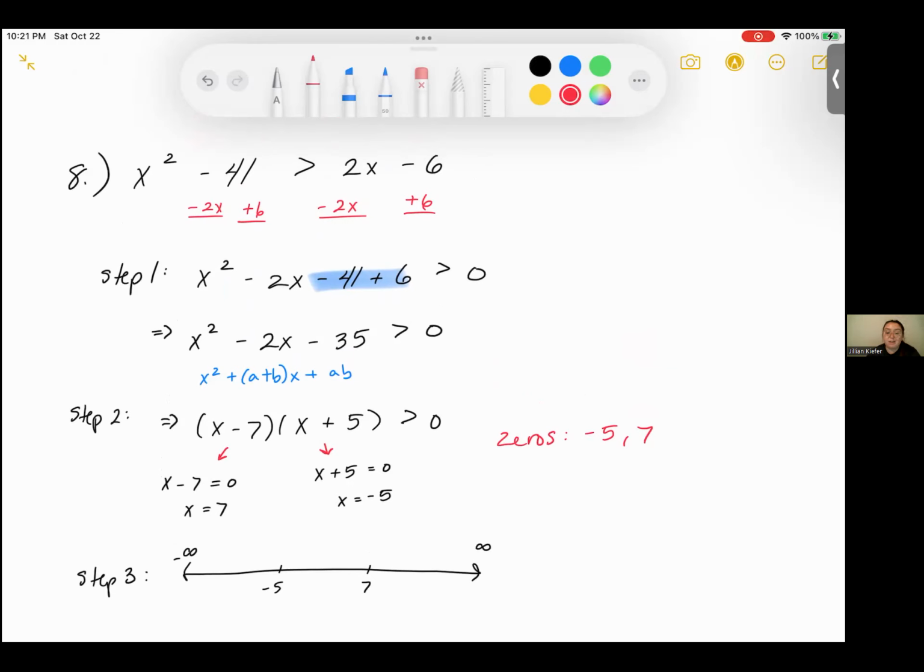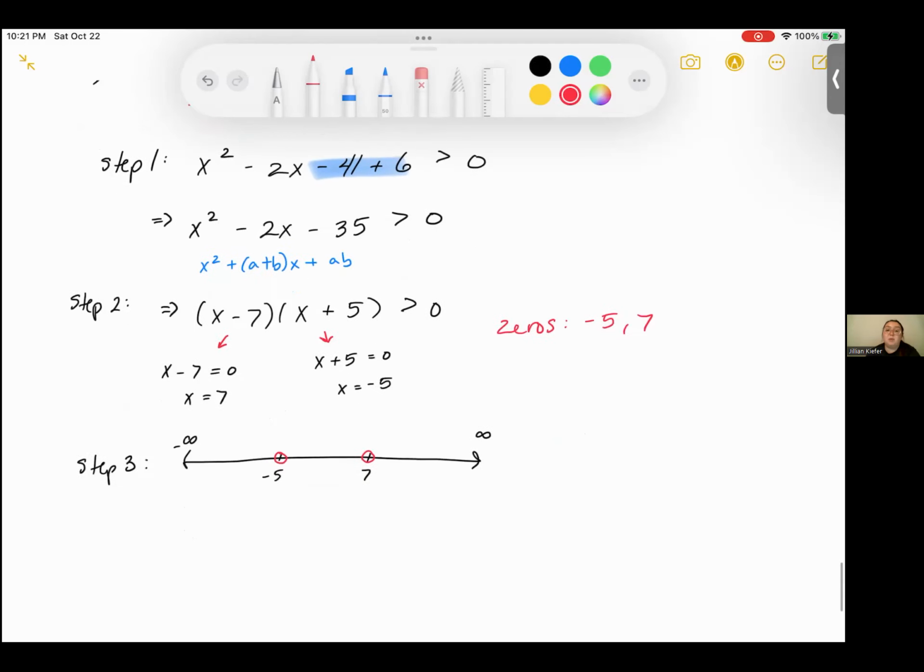So negative 5 and 7 do not get included, which means we have open circles around them, and we would have parentheses in our interval. It's always good to determine in step 3 whether you're going to have parentheses or brackets in your intervals, so that when you get to your answer at the end, you just double check it instead of trying to fix anything. So in step 3, negative 5 and 7 are not included, which means we only have parentheses in this case.